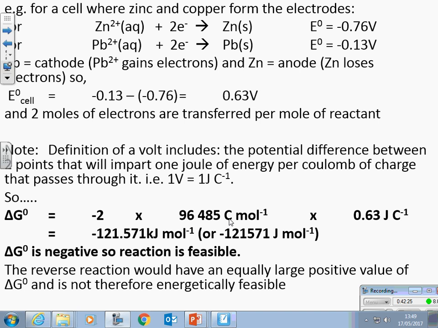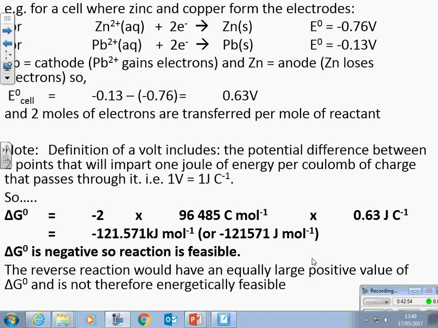So we've got that many coulombs per mole. I've lost the decimal places, because it was 9.7 times 10 to the 4. So that's actually written out fully. Multiplied by the 0.63 joules per coulomb. Where's that 0.63 from? Up here. All right, 0.63 volts, because a volt is the same as a joule per coulomb.